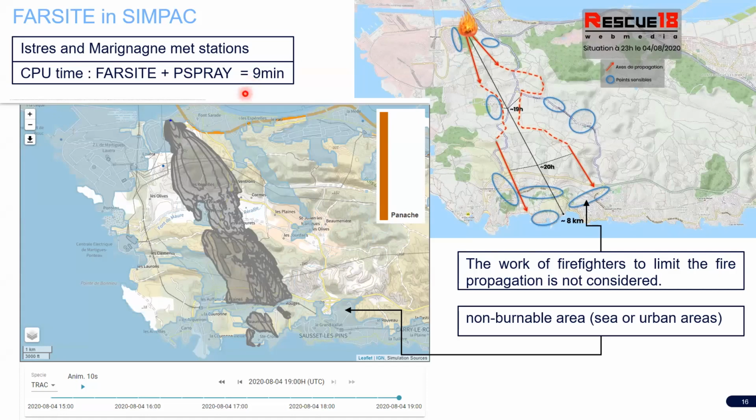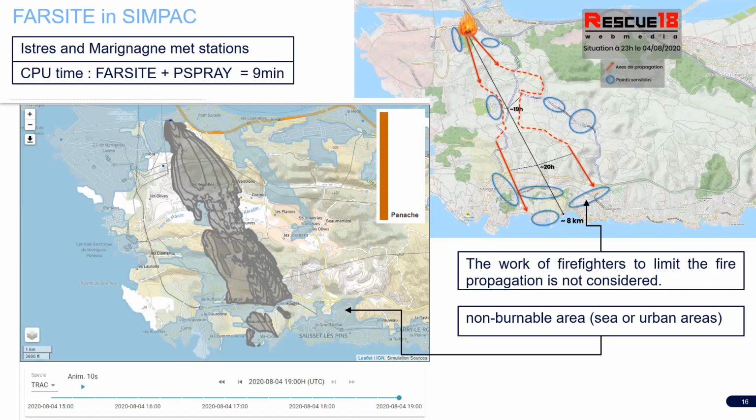And the comparison with the real case is not that bad. The difference can partly be explained by the fact that the work of the firefighters to limit the fire propagation was not considered at this stage in this implementation.